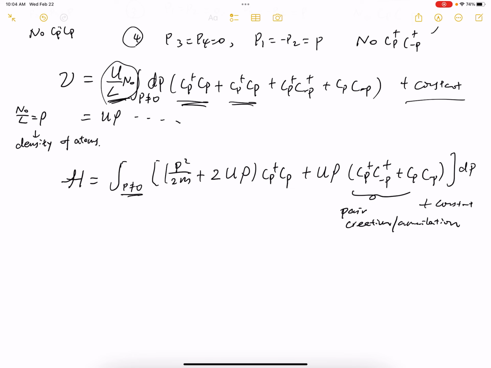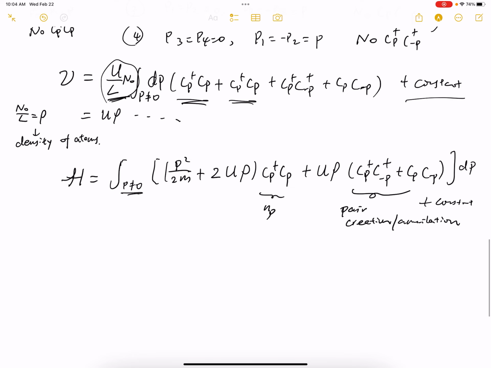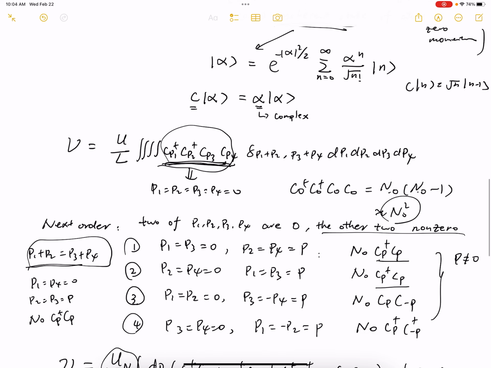The first term is just N_P, right? So the first term is actually easier to understand. This is just the number of particles with momentum P. For example, the P squared over 2m is just the kinetic energy, right? So you just count how many particles have that momentum. And this 2U rho, this second part, is just a result of these ones. Some of the interactions just reduce to a potential energy.